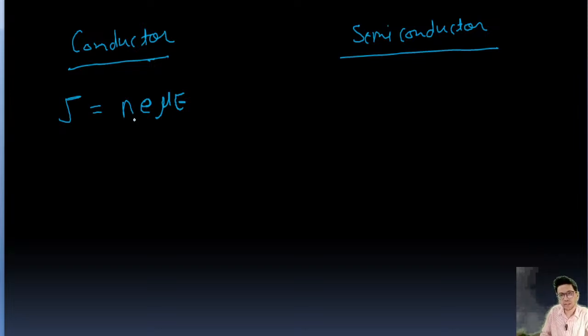We have studied this in class 11th and 12th. But if you talk about a semiconductor, the current density is Je plus Jp.